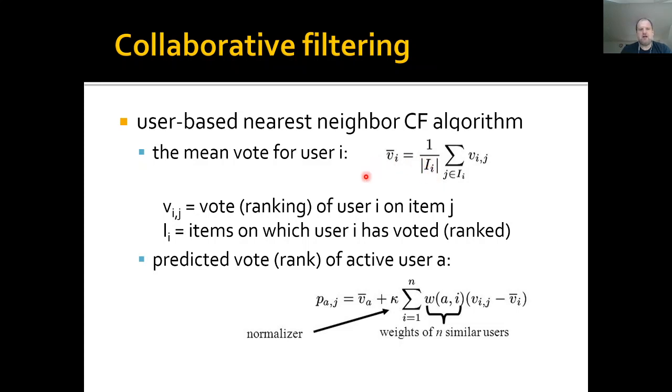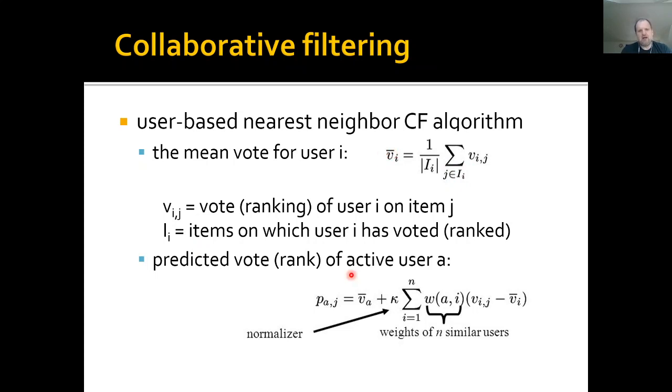We take the set of items that user I has voted for. So we have a vote for user I and item J. We go through the index J over all the items ranked, and divide by the number of ratings, or all the items that were ranked by the user. So we get the average vote for user I.